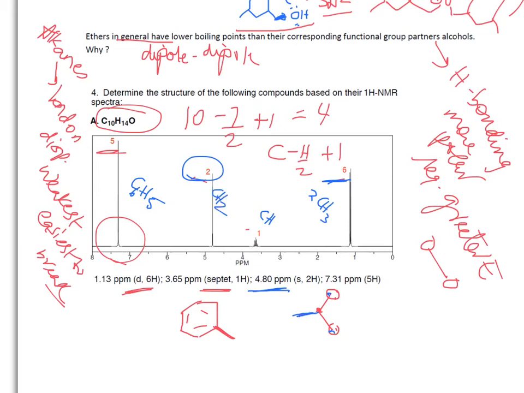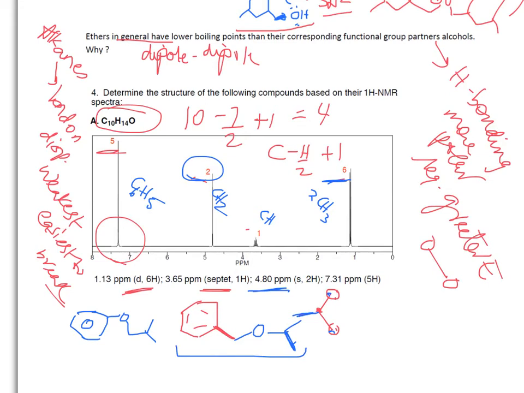So the question is whether you should place the CH2 and then oxygen with the isopropyl unit, or should you place the oxygen first and then the benzene, essentially isobutyl phenyl ether, or is it isopropyl benzyl ether? And the answer lies that it is the first one.